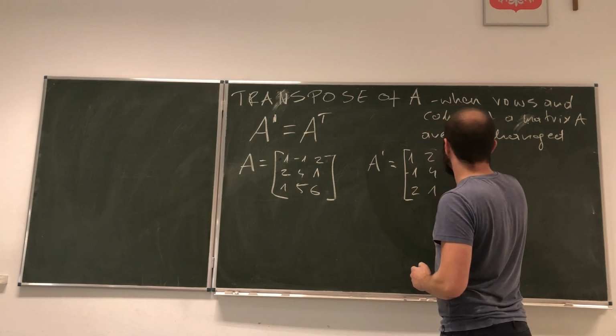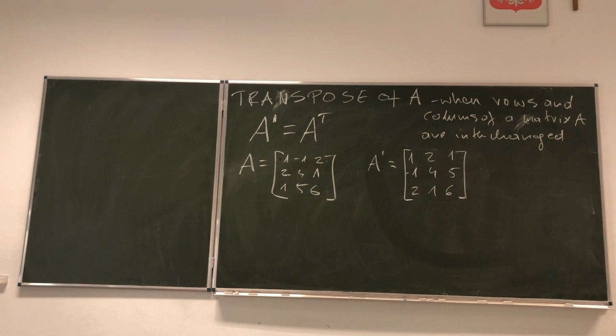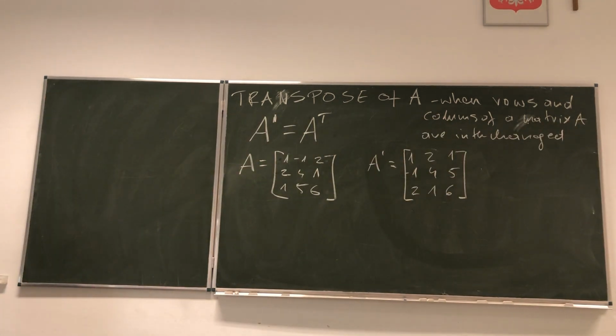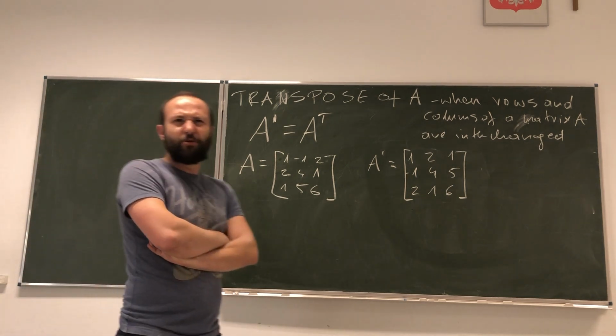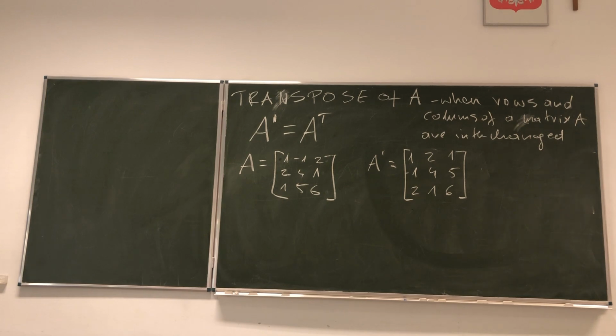And the last one, 1, 5, 6. As you see, this is a very, very easy thing to do. Let's just do 2 more examples, and we can move to inverses, which are a little bit more problematic subject.